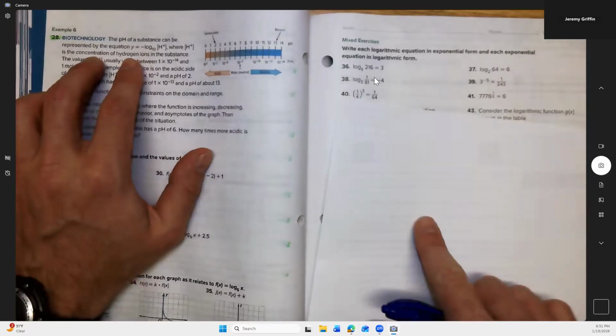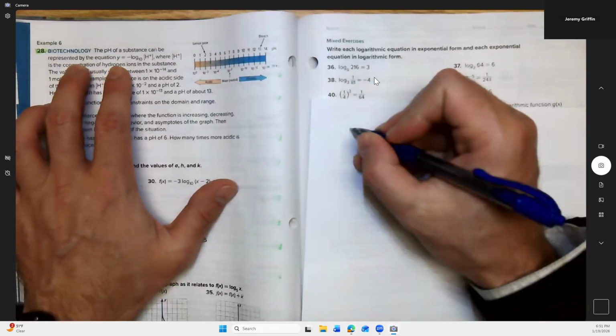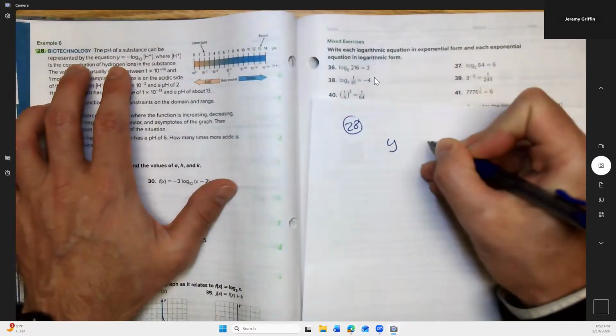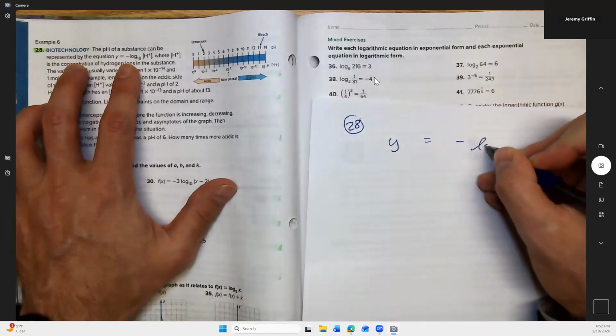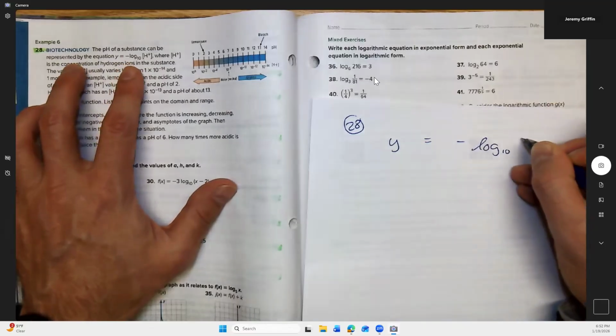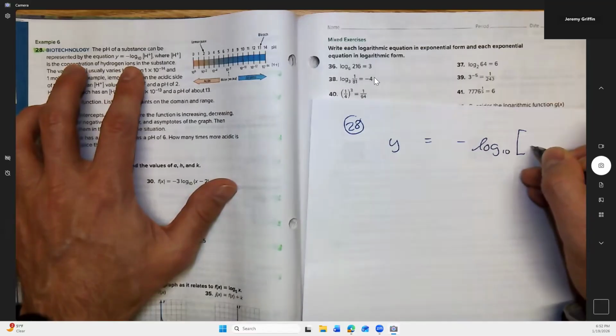Biotech, the pH of a substance can be represented by this equation. Okay. So they're saying y equals negative log base 10 of, and then in brackets here, H plus, which represents a concentration.